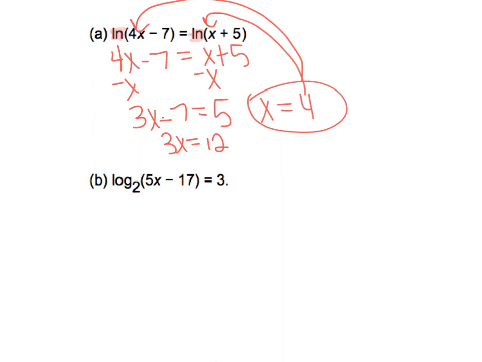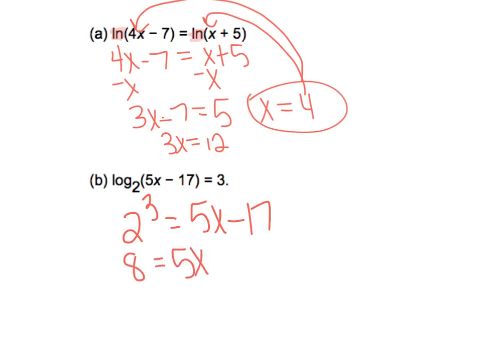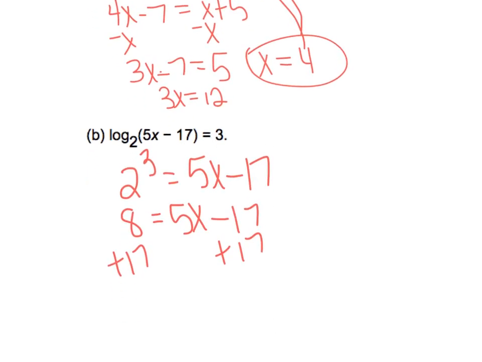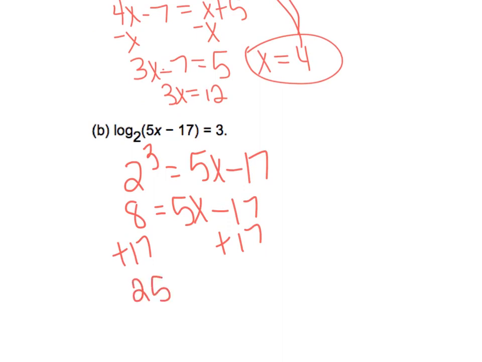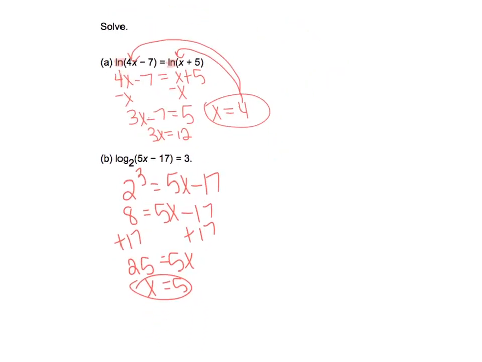So log base 2 of 5x minus 17 equals 3 rewritten in exponential form is 2 to the third power equals 5x minus 17, and then we just need to solve for x. 2 to the third is 8 equals 5x minus 17. If we add 17 to both sides, we get 25 equals 5x, and x equals 5. So that's the two basic types of equations we're going to start looking at.